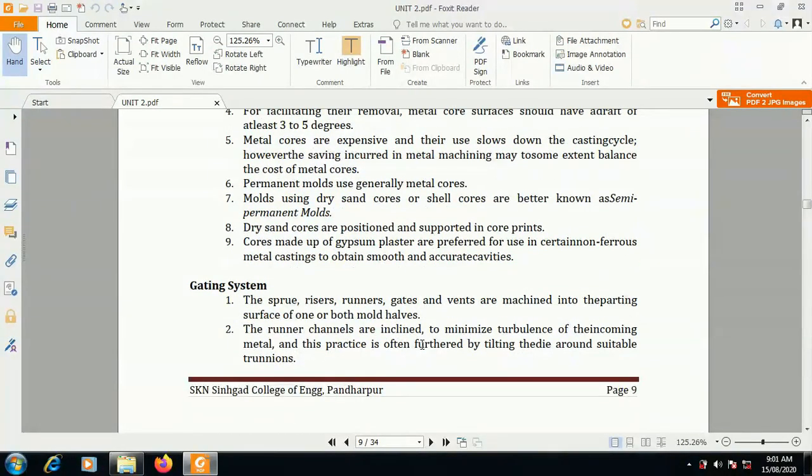Here the sprue, riser, runner, gates and vents are directly machined into the metal surfaces, because in the permanent mold casting process, the gating system, riser, cores and mold cavity, everything is made up of metal.